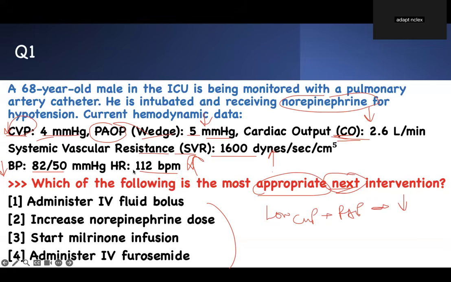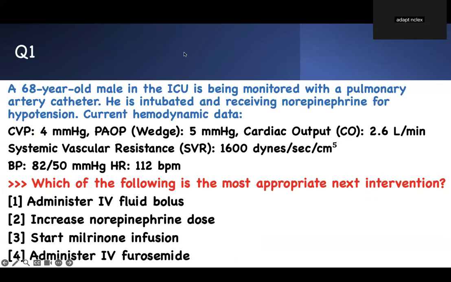If you give them furosemide, they're going to lose water. And what will happen? More tachycardia, more increase in SVR, and more decrease in your cardiac output. So these patients need IV fluid. This is the way I want you to analyze those questions. So number 1 is your right answer.